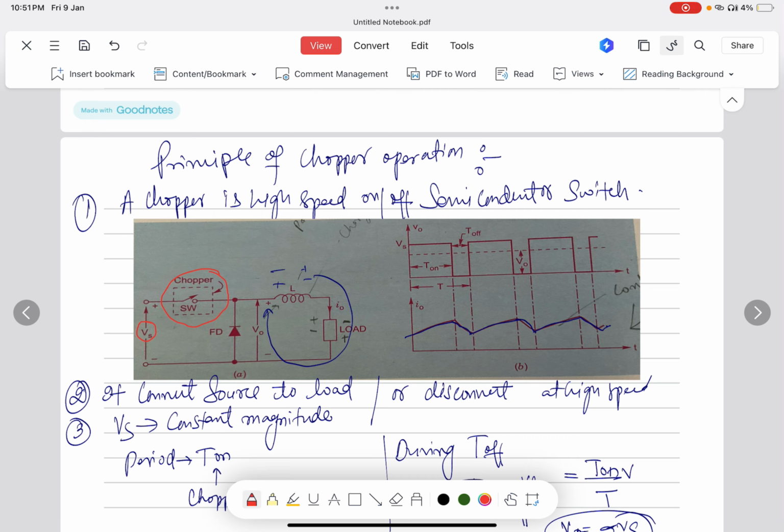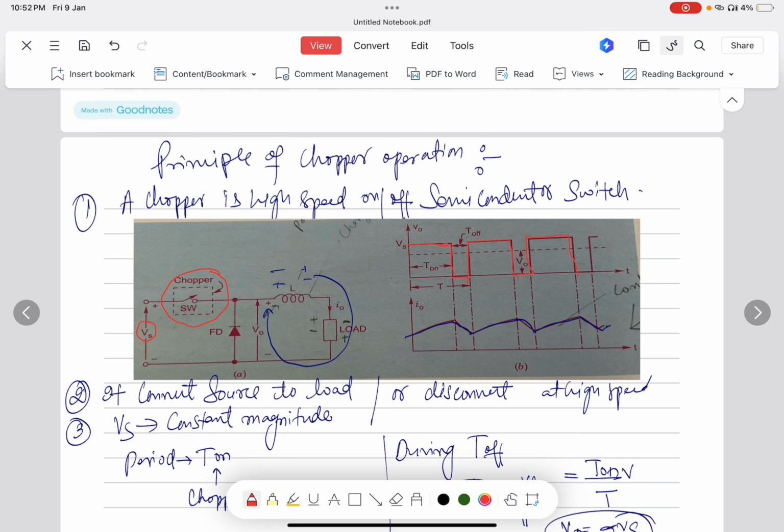Also we have a freewheeling diode and an inductor connected with the load. Vs is the supply voltage. As you can see here, it is on, then off, then on again and then off. You can see it is a kind of rectangular waveform.